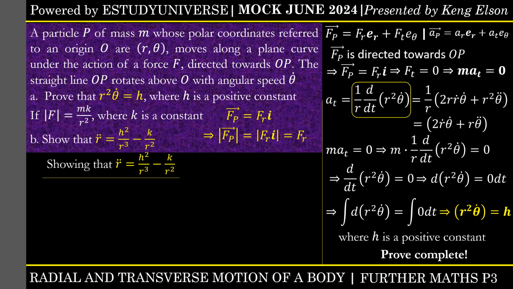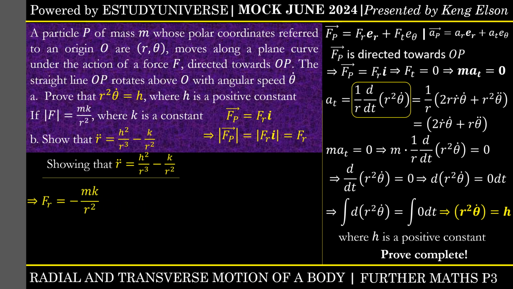It's a little mistake. ER is a unit vector, and a unit vector is a vector whose magnitude is 1. That's the definition of a unit vector. So when we take the magnitude, we just get the Fr itself.